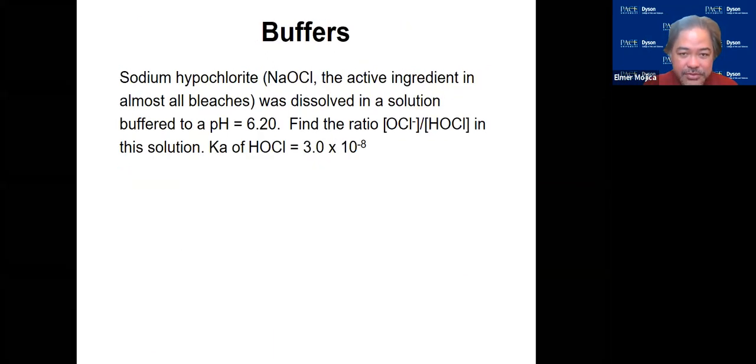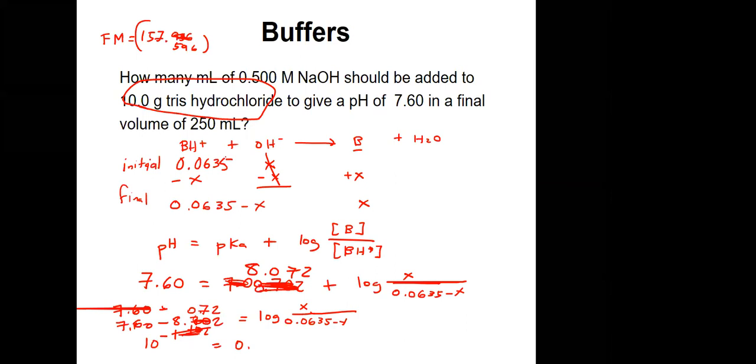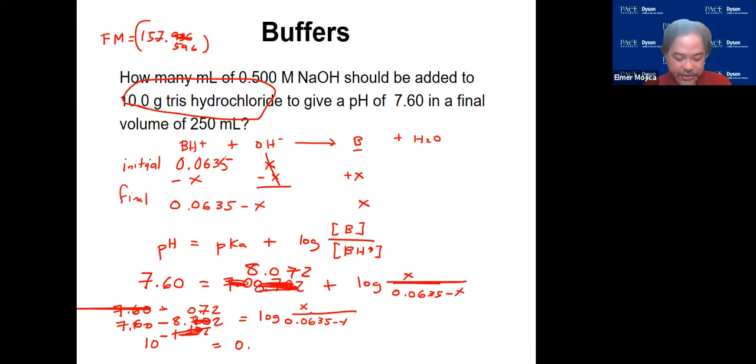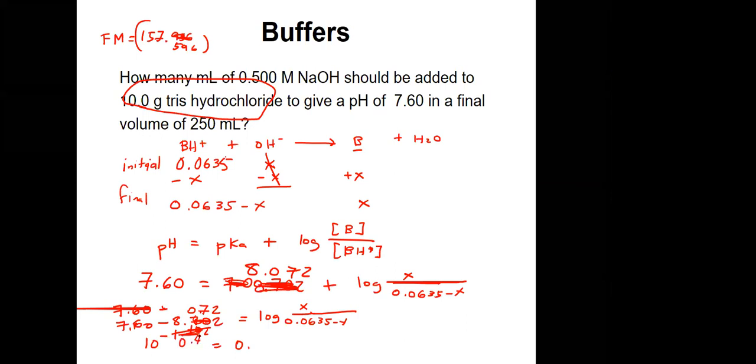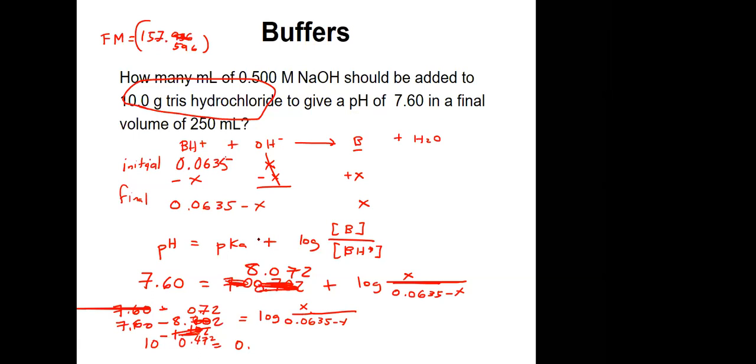Oh, we don't have the previous problem now because I erased it. So this is not 1.102 now, since I changed the value here. It is negative 0.472. 7.60 minus 8.072 is negative 0.472, and 10 to that gives me 0.337.